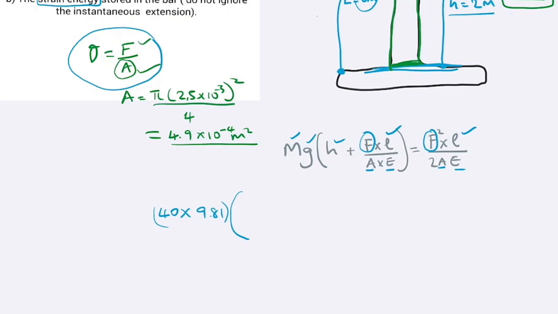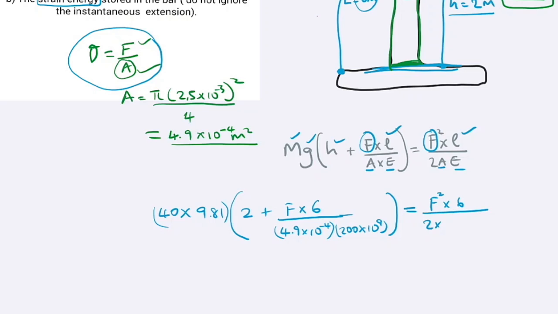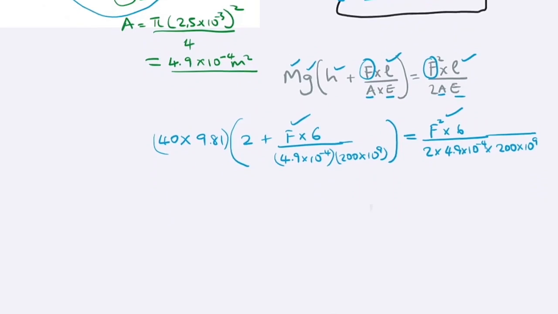Then open bracket, the height is 2 plus the force we don't have times the length, 6, divided by the area, 4.9 times 10 to exponent negative 4, times Young modulus, 200 times 10 to exponent 9, is equal to the force we don't have, times the length, 6, divided by 2 times... with this unknown, let us move up a little bit.